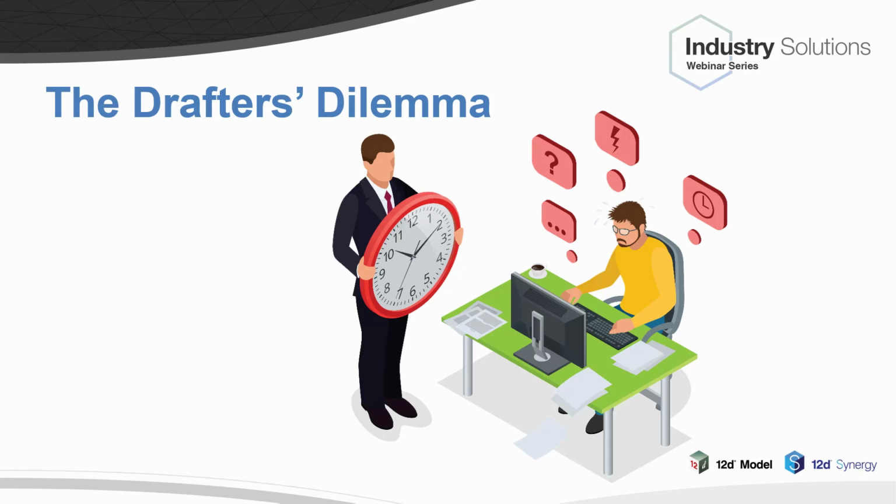All the project's 100 sheets have been drafted and are ready for issuing to the client. Everything's in order. All that's left for you guys to do is to update the client issue block on all 100 sheets so that you can issue it out. The problem is that it's Friday and you desperately want to be out of the office by 5. You know, who wouldn't? So what are your options here?